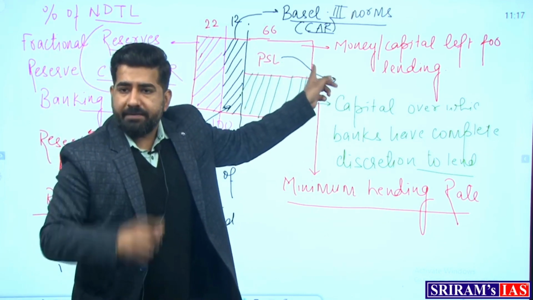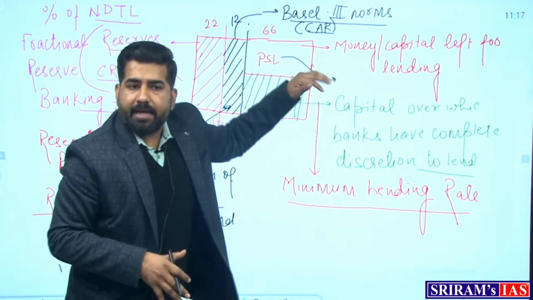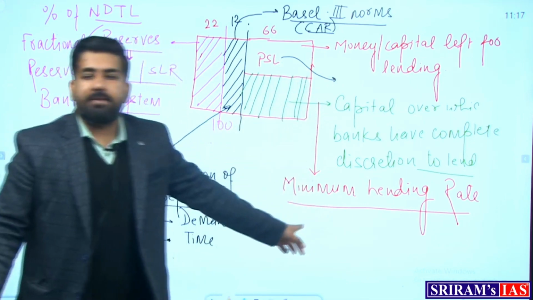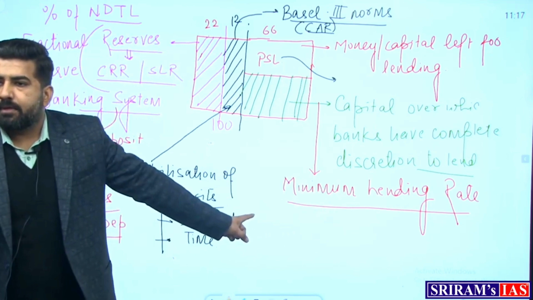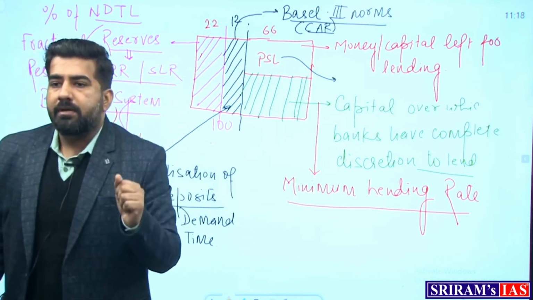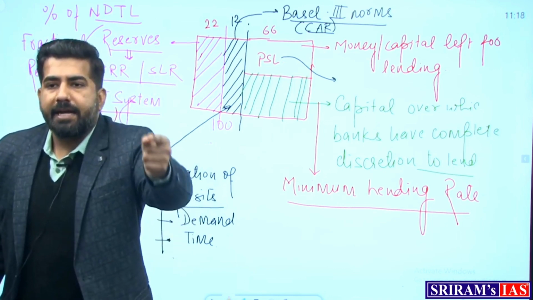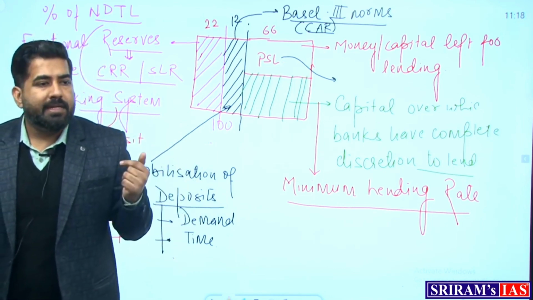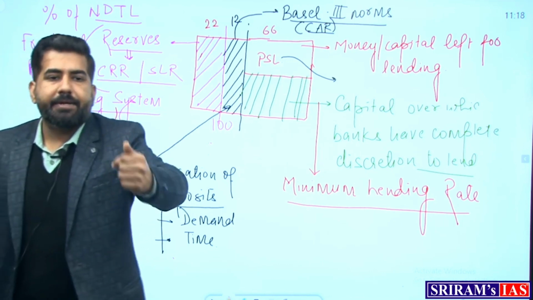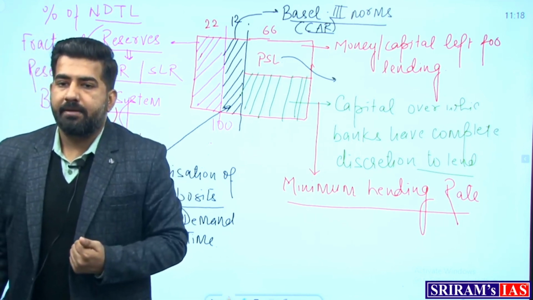Now lastly, suppose as a bank, after complying with reserves and Basel 3 norms, I fulfill the PSL norms, I lend to that sector, and I ensure that if I am giving to other sectors, I am giving the loan above this minimum lending rate. But even after complying with this, I have given a loan. If that person is unable to repay the loan, you know that it's an asset. That asset will turn into an NPA. Clear?